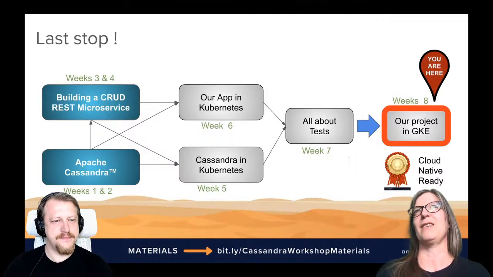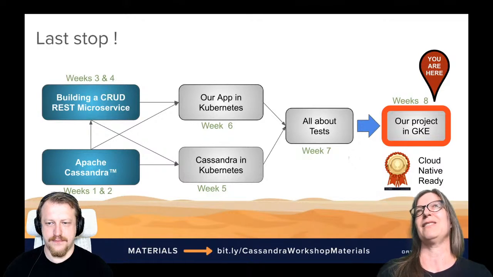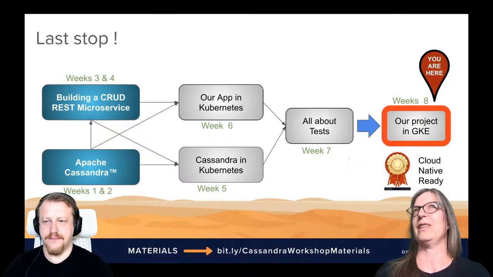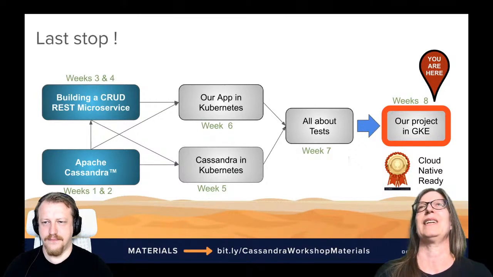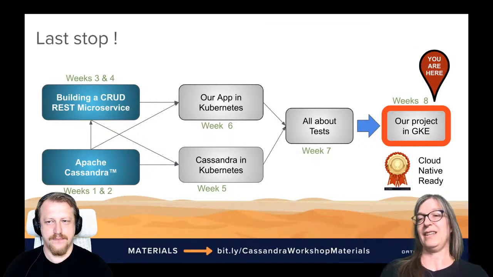And this week, we want to make your applications really cloud native. So let's go away from the development system that we use with Kind and really roll it into the cloud and make it publicly accessible so you can share it with your friends and let them play with this application and connect to Astra. And today we are going to do this in Google Cloud Platform as an example.